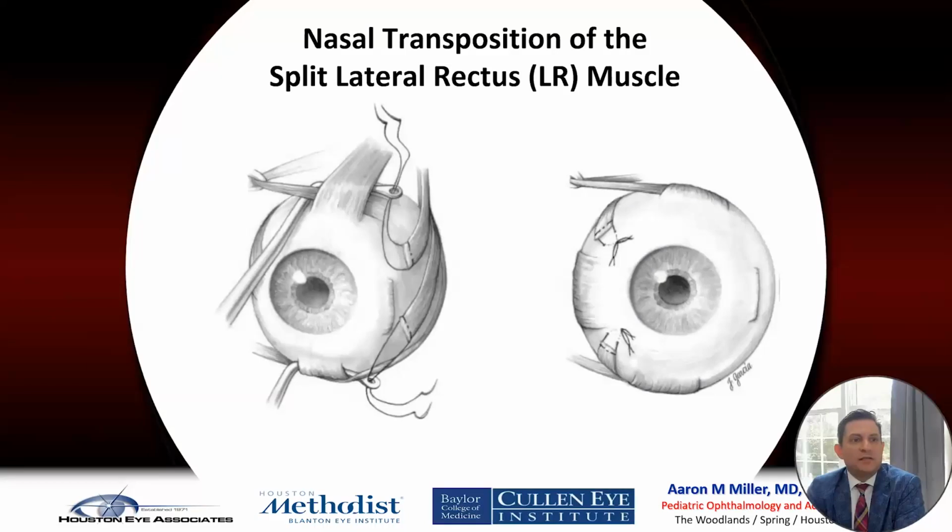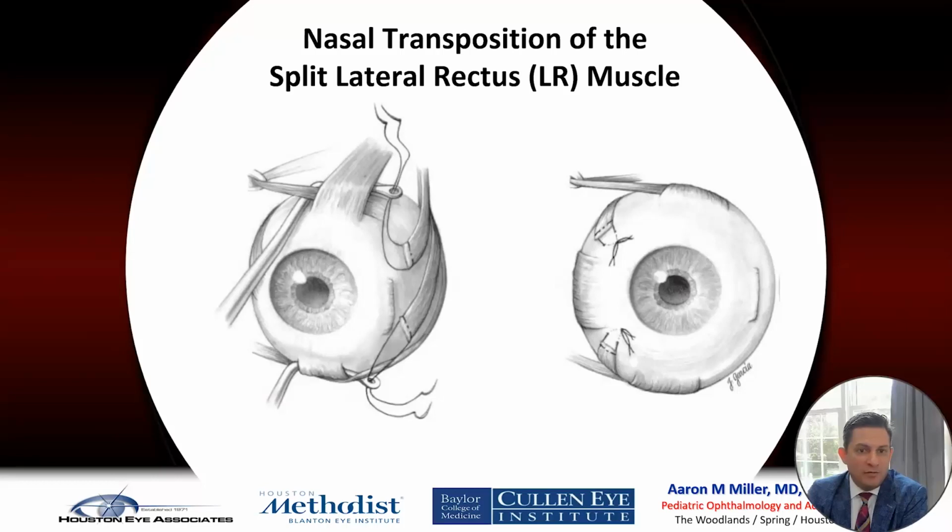This is why I wanted to go over a newer procedure that has been discussed by Linda Dagi out of Boston, and it's the transposition of the split lateral rectus to the medial rectus muscle. Technically, I would call it one of the more challenging procedures because you have to really know and understand your orbital anatomy.